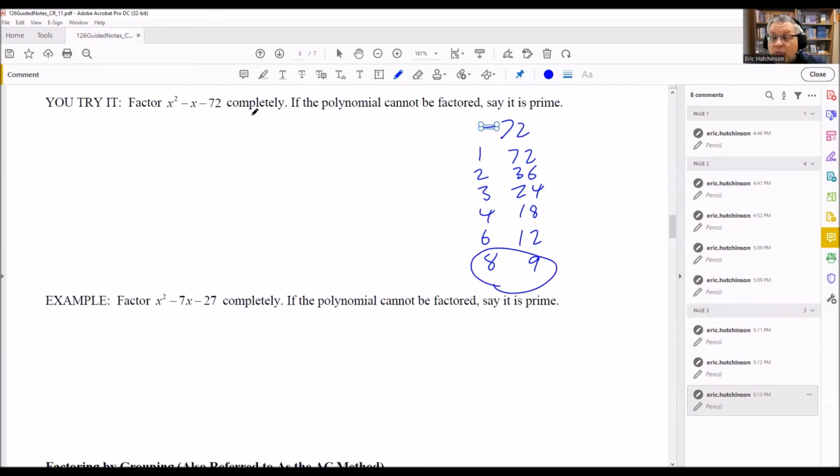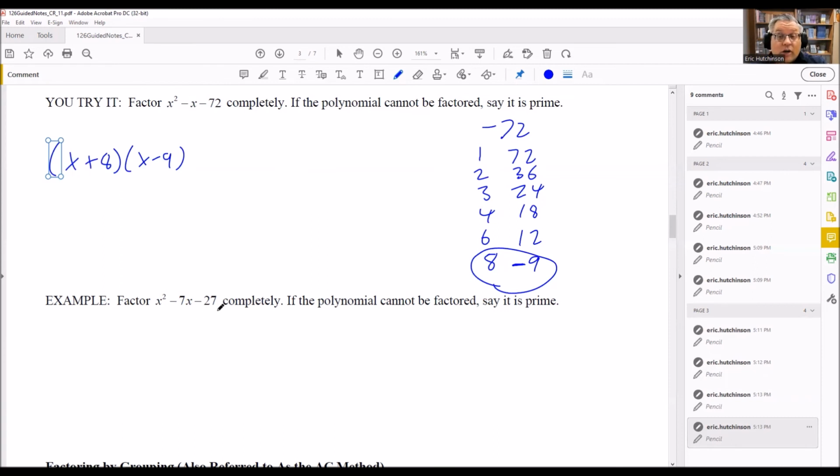Because I want that number to be negative, I will put the negative next to the larger number. So I would have a plus 8 and then a minus 9. That would add up to the negative x. So I would have x plus 8, x minus 9. x squared minus 9x plus 8x is negative x, and then 8 times negative 9 is negative 72.